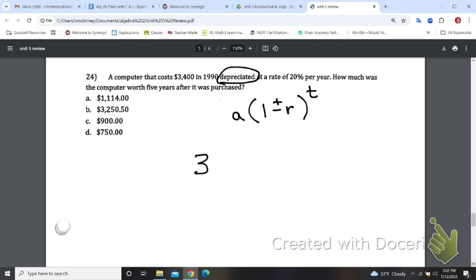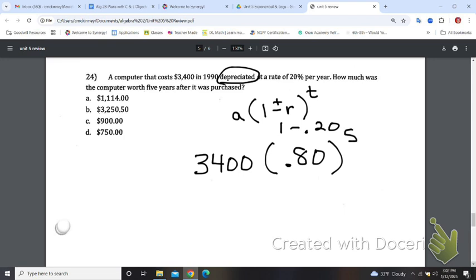So our starting place is $3,400. Depreciated means it decreased. So I'm doing 1 minus 0.20, which would be 0.80, or I could just write 0.8, and 5 years later.